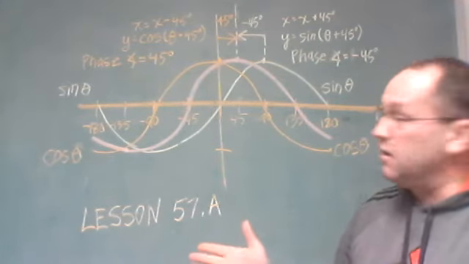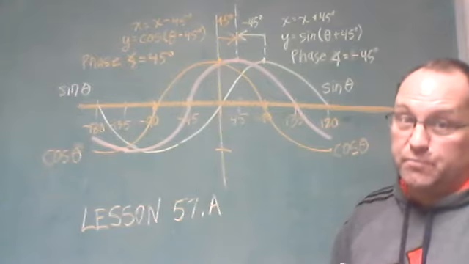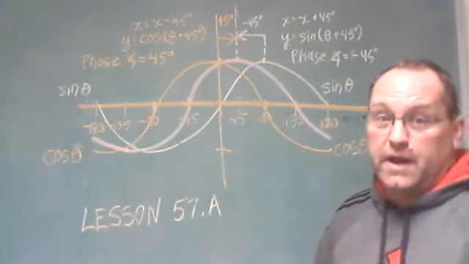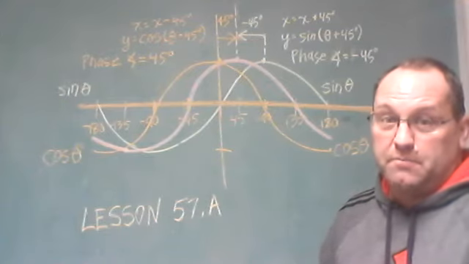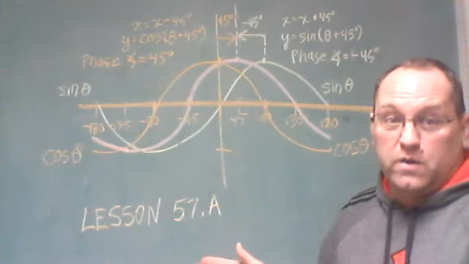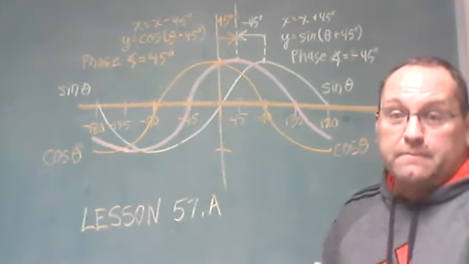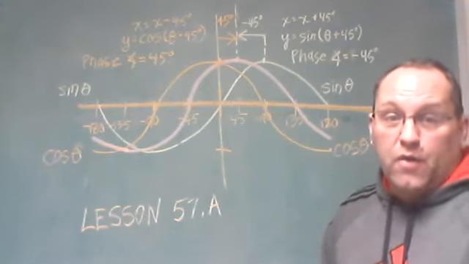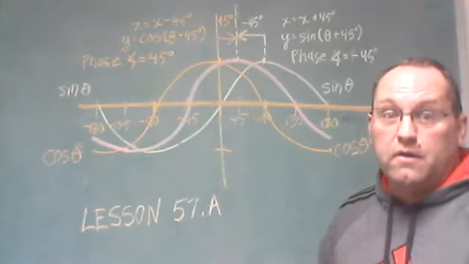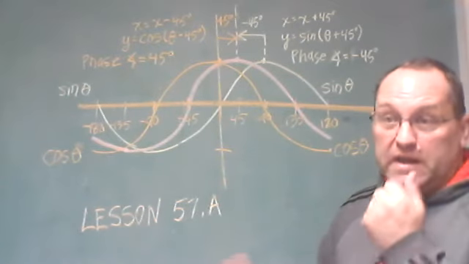A shifted curve like this red curve, we can express as a shifted sine curve or a shifted cosine curve because they're both the same shape. It's just how much are we moving it, and which trigonometric graphing expression are we going to use as our base? Are we going to use the original cosine curve or the original sine curve? We can use either.